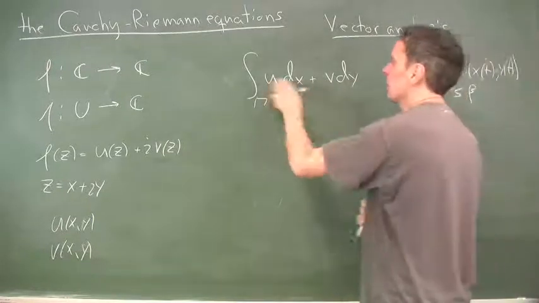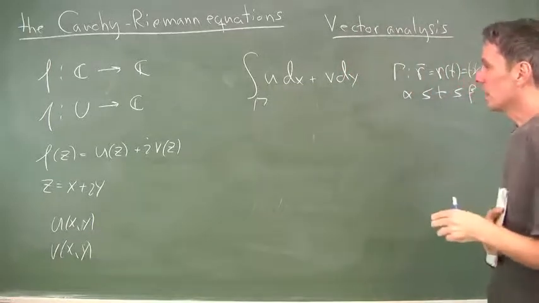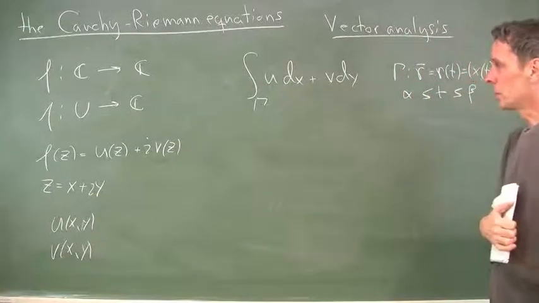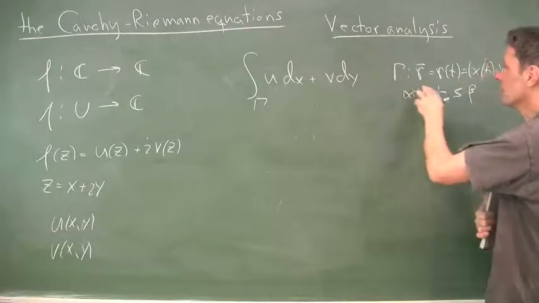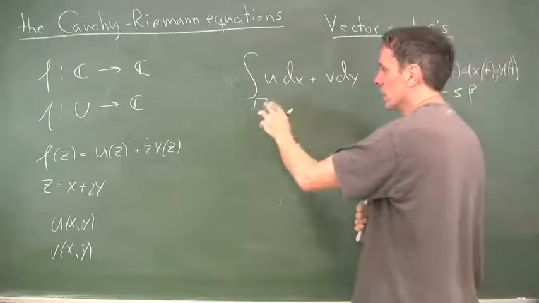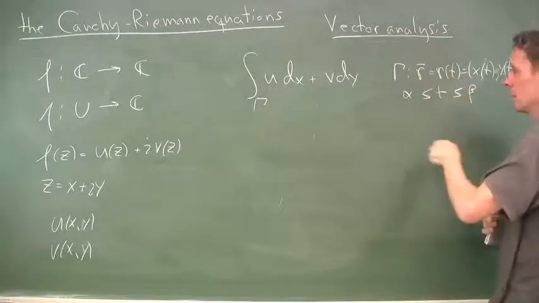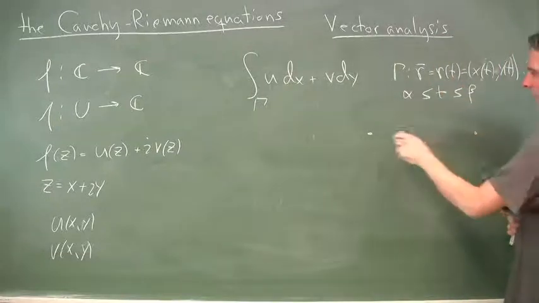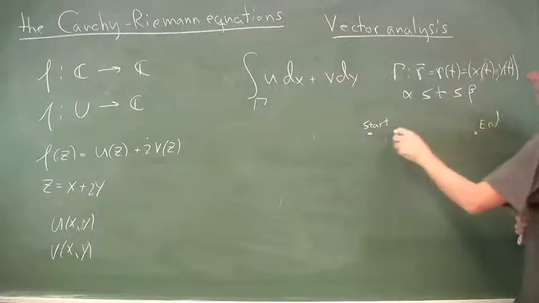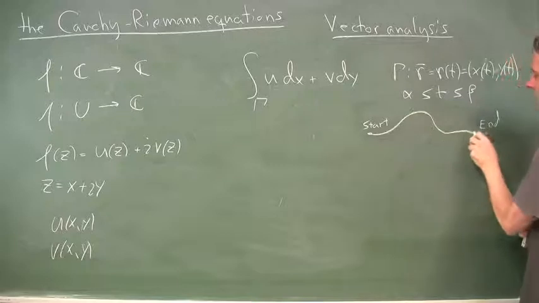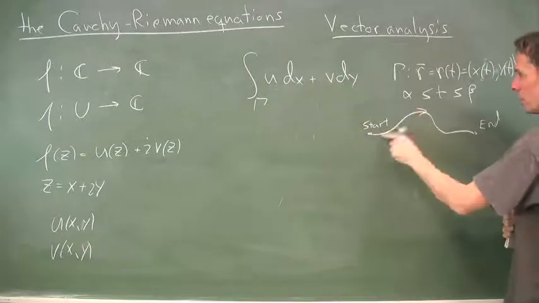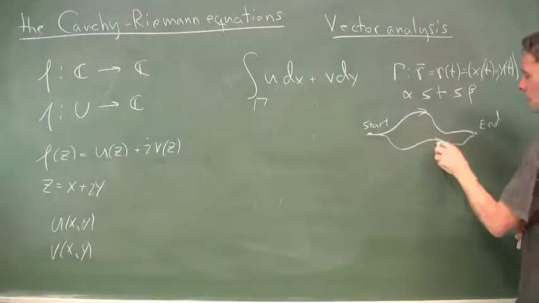One of the interesting things about these integrals is that under certain conditions on u and v, they will turn out to be path independent. That is, they don't really depend on this curve. Well, they will always depend on the starting point and the end point of this curve. But if you have this as a starting point and this is the end, then it may be no difference in the value of the integral if you integrate along this curve or if you integrate along another curve like this.